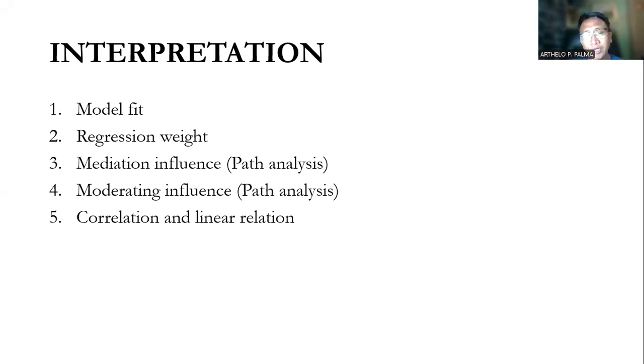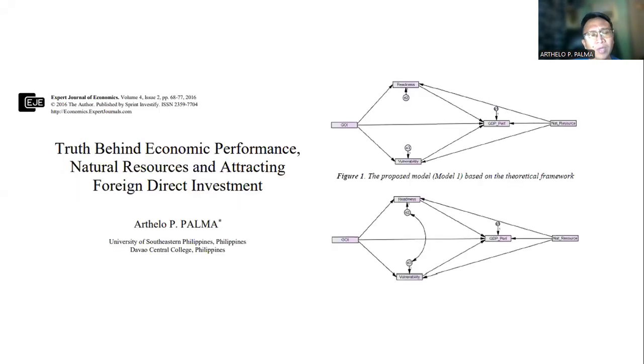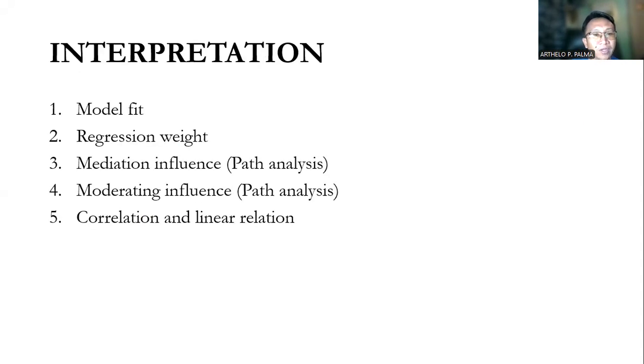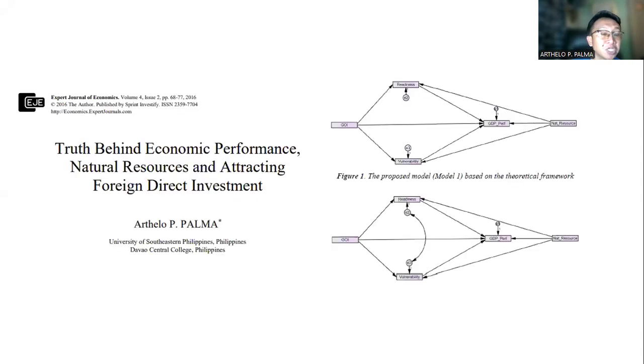I already provided you a copy of my research paper entitled Truth Behind Economic Performance. There, I discussed how to interpret the model fit, the regression weight, and even the path analysis, especially the mediation effect or influence.